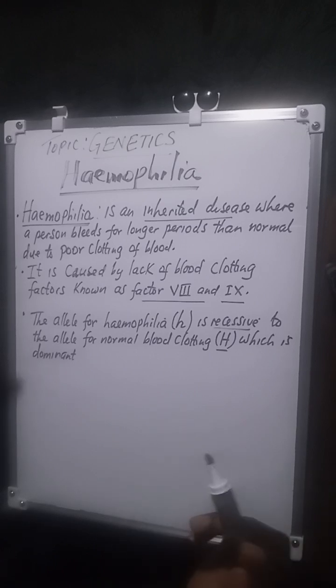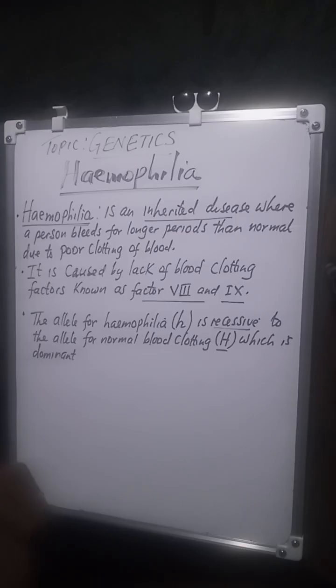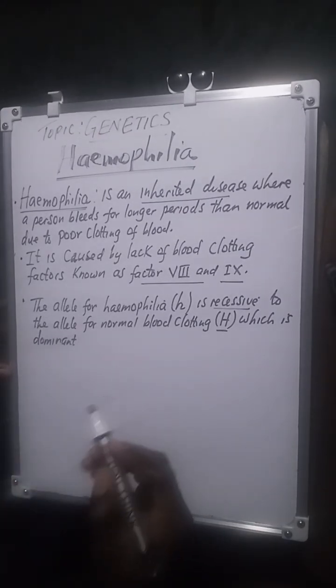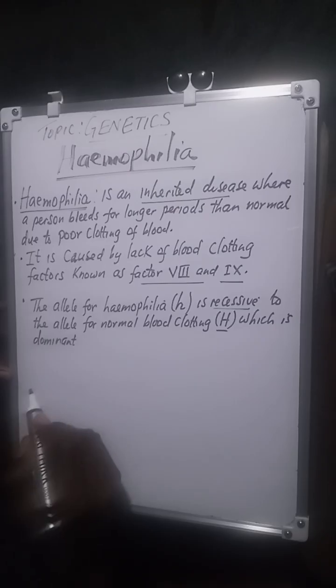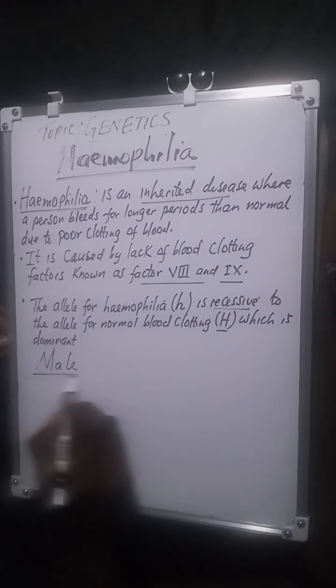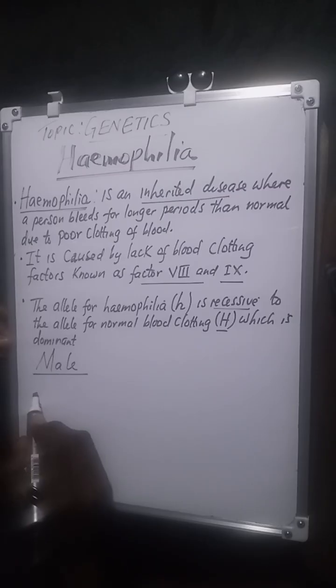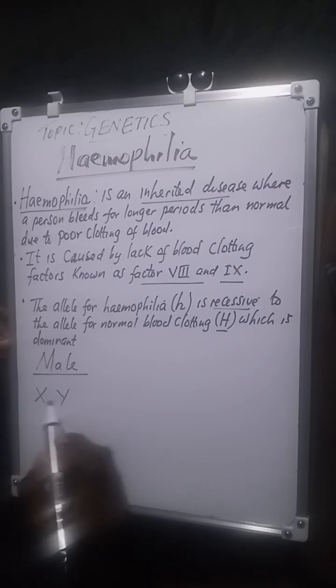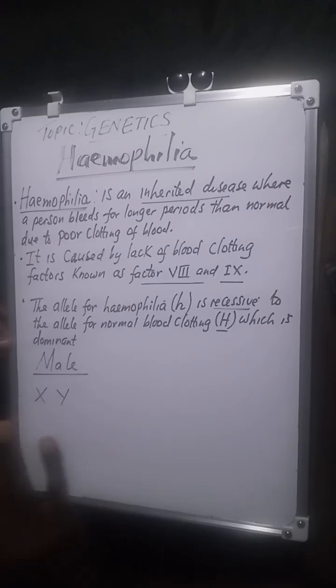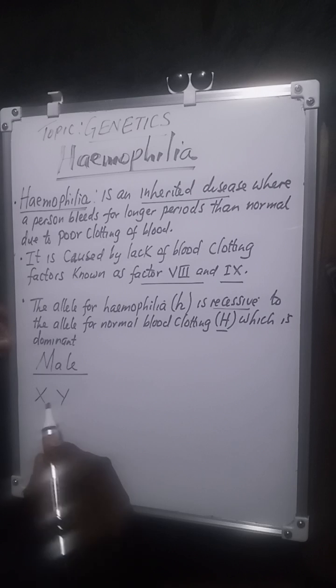So you need to know the possible genotypes and phenotypes for hemophilia. Let me start with a person who is a male. If I'm actually male, I can have X and Y, but these characters are found on what we are calling the X chromosome. They do not occur on the Y chromosome.